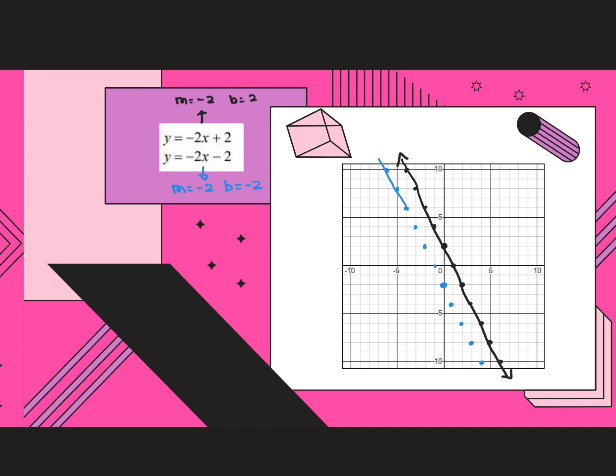All right, now I'm going to connect my points, and I see here that I have parallel lines, and we know that parallel lines never intersect, so we have no solution.